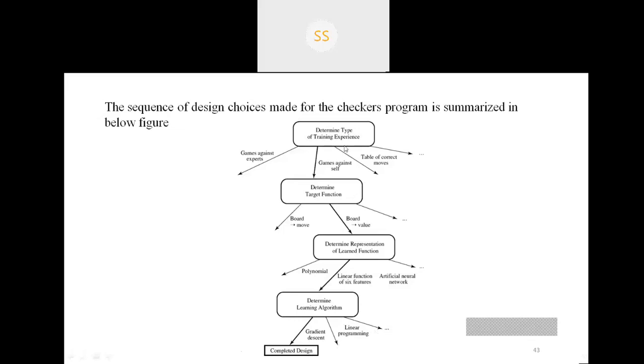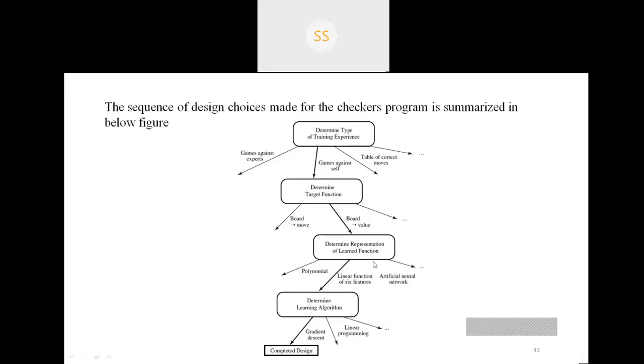So this is how your checkers learning algorithm works. In the first step, you have to decide whether you want to play against an expert, or play against yourself, or play against a table of correct moves, or anything else. Once you decide it, you have to determine the target function, that is, you can determine the move, or you can determine the board value.